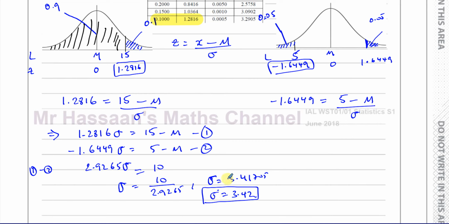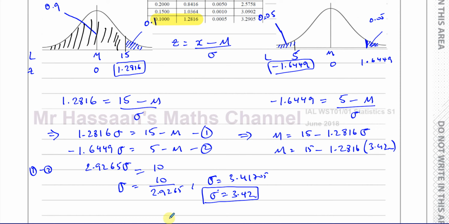Now we've got to find the mean. Well, I can take, for example, this equation. I can rearrange it. So I'll say mu is equal to 15 minus 1.2816 times the standard deviation, which I now know. I'll use it in its more accurate form.